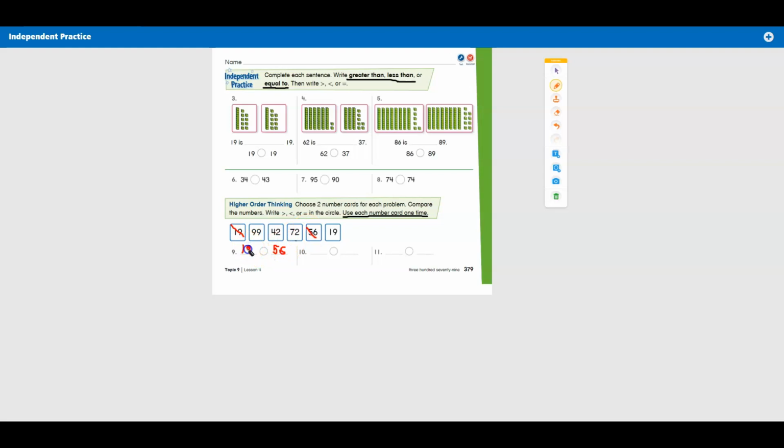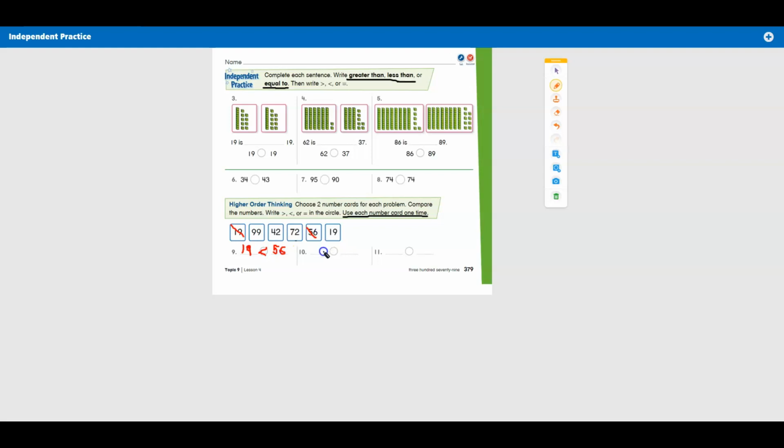Then I will say, is 19 greater than, less than or equal to 56? Well, I know 19 is smaller than 56, and it's not the same as 56. So I'm going to say 19 is less than 56.